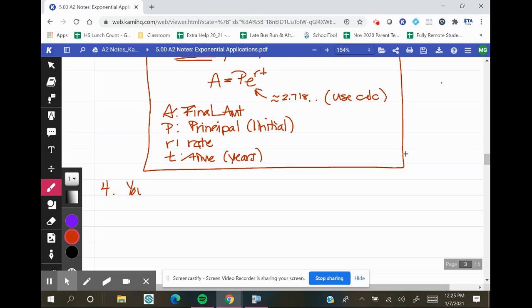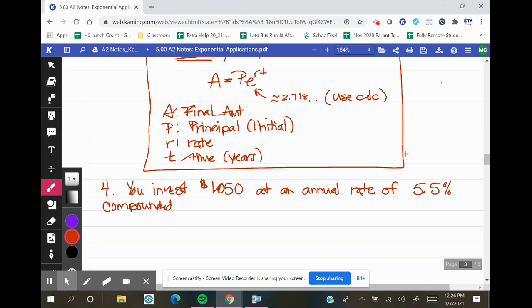Okay, you invest $1,050 at an annual rate of 5.5% compounded continuously.